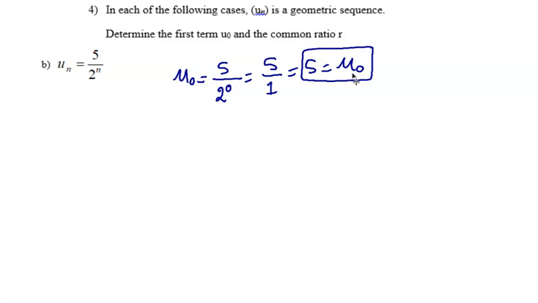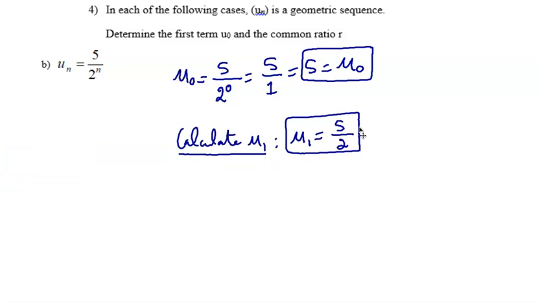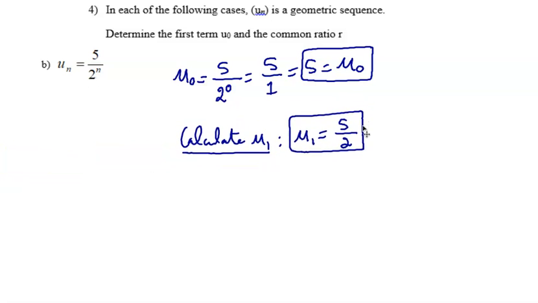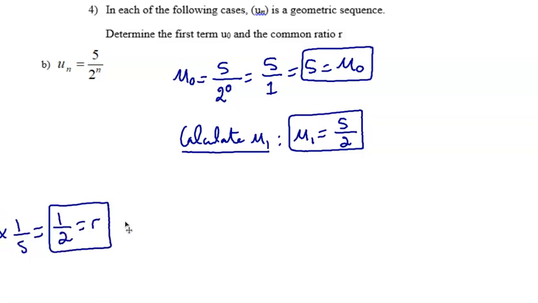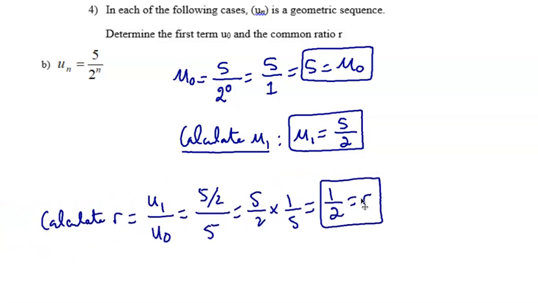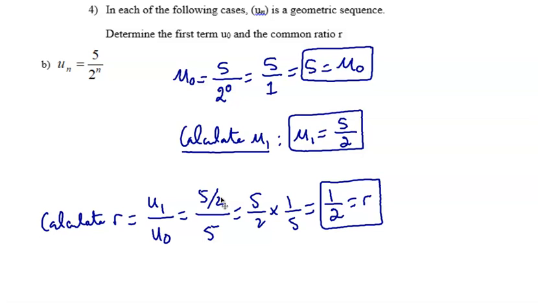And u1 is 5 over 2. Then the common ratio will be u1 divided by u0. u1 divided by u0 is 5 over 2 divided by 5, which is 5 over 2 times 1 over 5, and it's equal to half. Thank you.